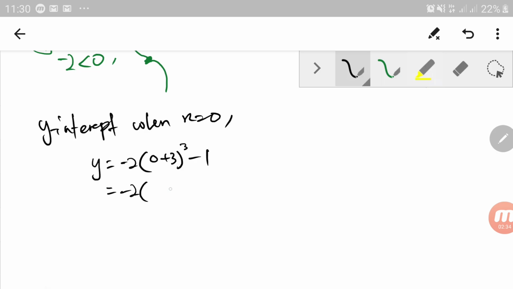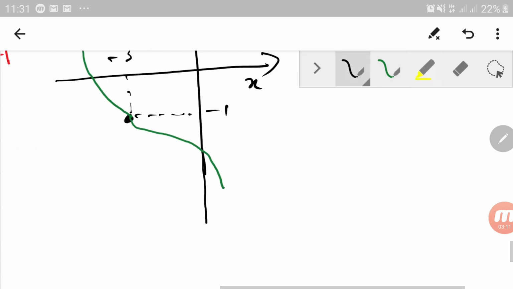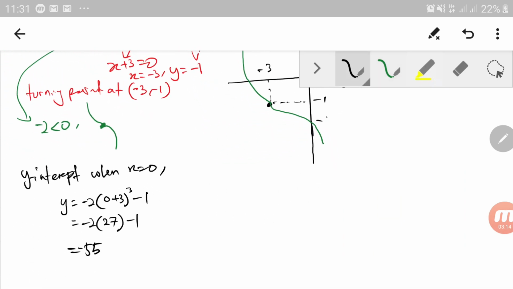So what we have is minus 2 times 3 to the power of 3, which is 27, minus 1. Let me check with the calculator first, I cannot mentally calculate. Sorry, it's minus 55. So that's the y-intercept. I extend it long enough for the intersection over there. So the intersection is minus 55.